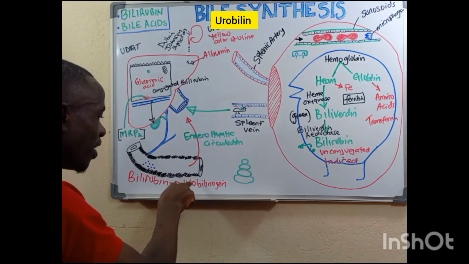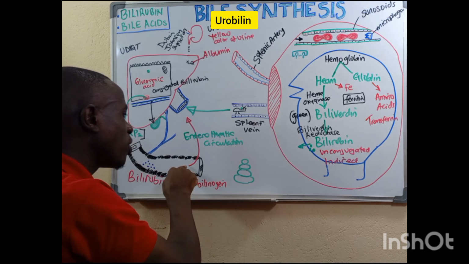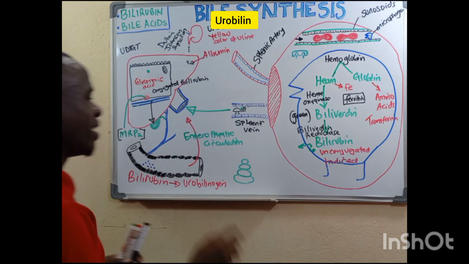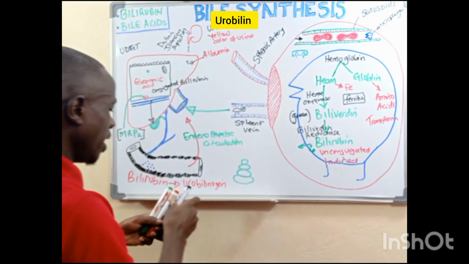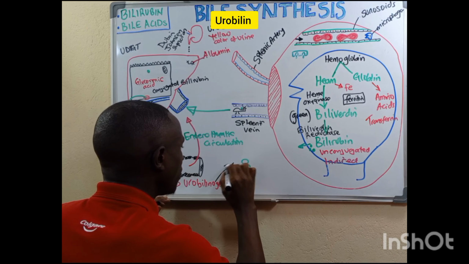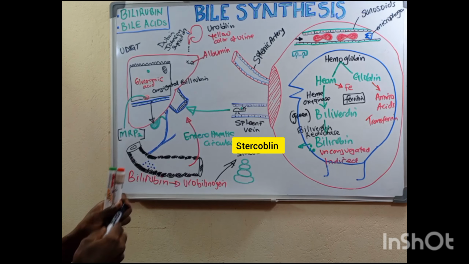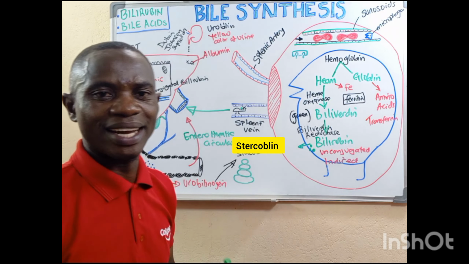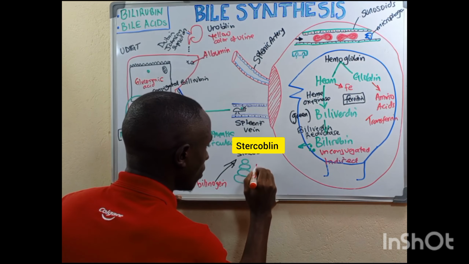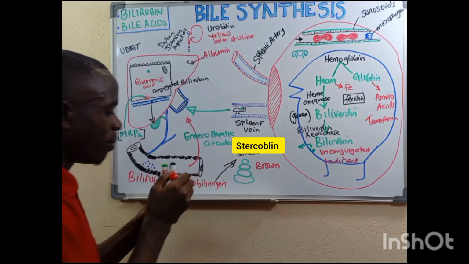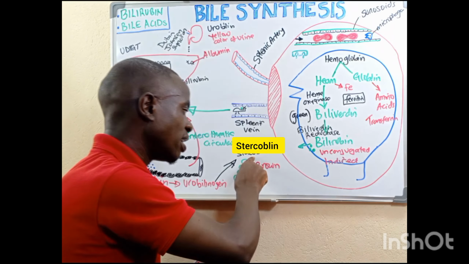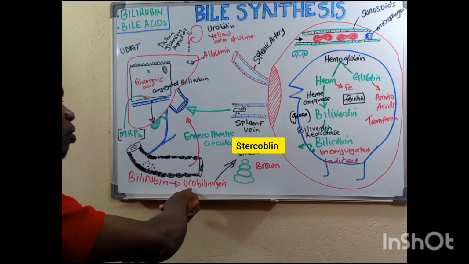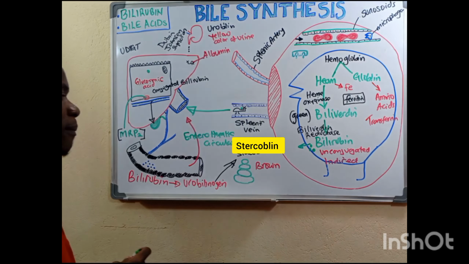Then some of the urobilinogen continues moving within the intestines and is further broken down into another molecule, which we call stercobilin. This stercobilin gives the fecal matter its brown color. So our fecal matter appears brown because of stercobilin, due to the final degradation of urobilinogen by intestinal microorganisms.